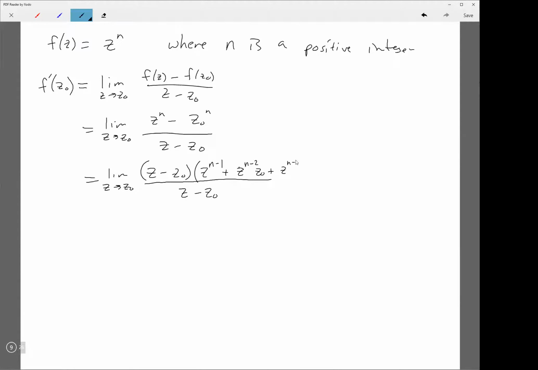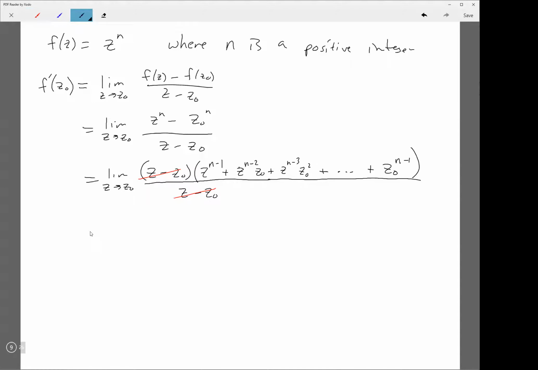And then z to the n minus 3 times z naught squared is going to knock out the other excess term. And then you're just going to keep going until all the z's are gone and you just have z naught to the n minus 1. And then that last term will give you this, and everything else in between gets canceled out.